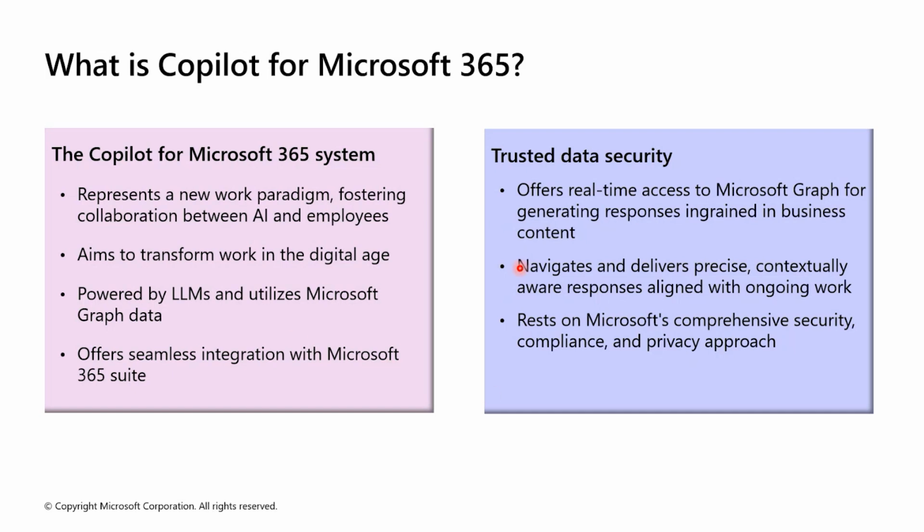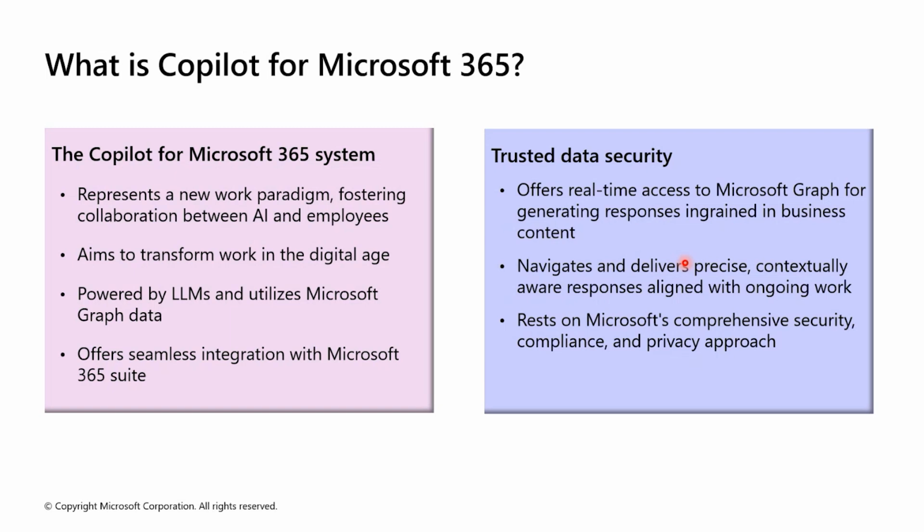You can imagine the power of having Copilot for M365 rooted deeply in your business data. This tool is dedicated to security, compliance, and privacy, while providing real-time access to your content and context within Microsoft Graph.